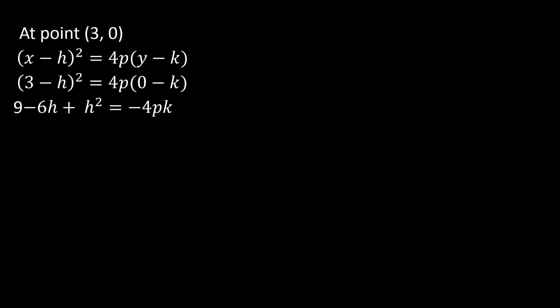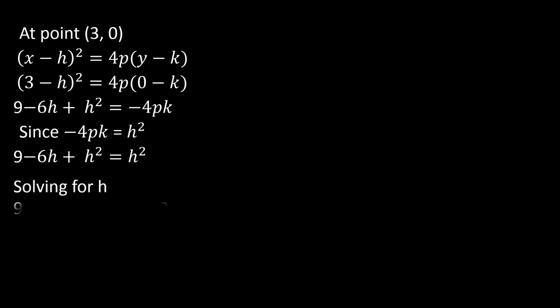That is equivalent to 9 minus 6h plus h squared equals negative 4pk. In the previous one, we have the value of negative 4pk as equivalent to h squared. So instead of writing negative 4pk, we can replace that by positive h squared. So we have 9 minus 6h plus h squared equals h squared.